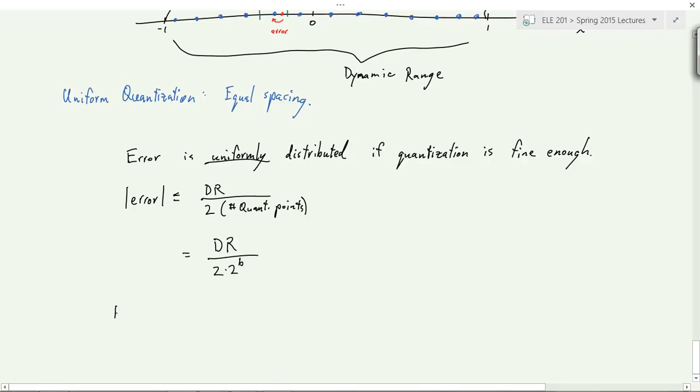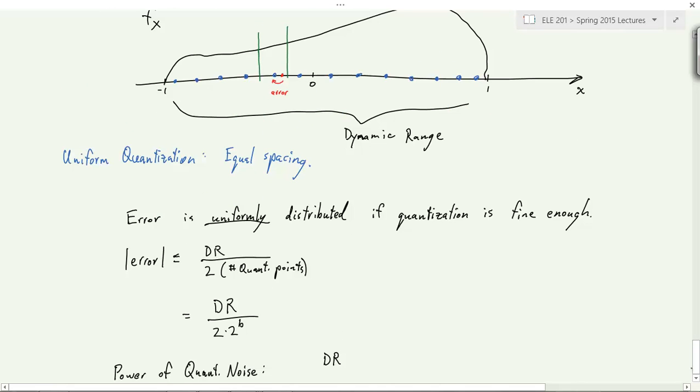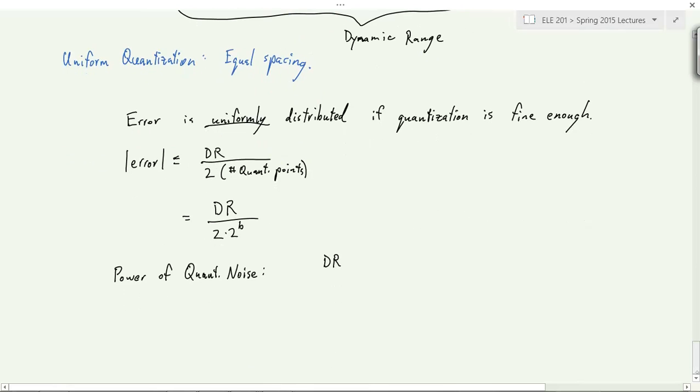So then the quantization error has a certain power. Because it's uniformly distributed, we can calculate the variance, the second moment of this quantization noise. In fact, we would treat this as a uniform distribution. For lack of time, I won't scroll up, but we would look at the variance of that uniform distribution.